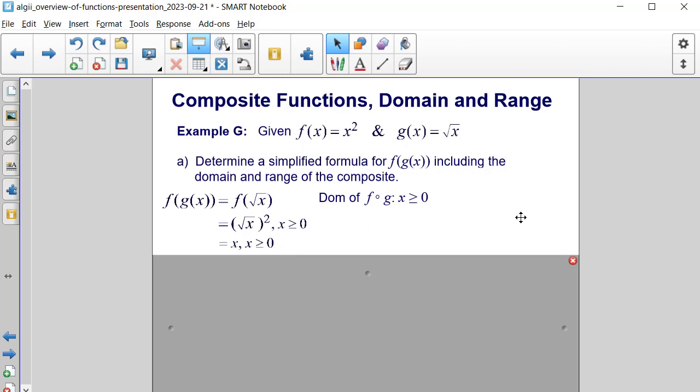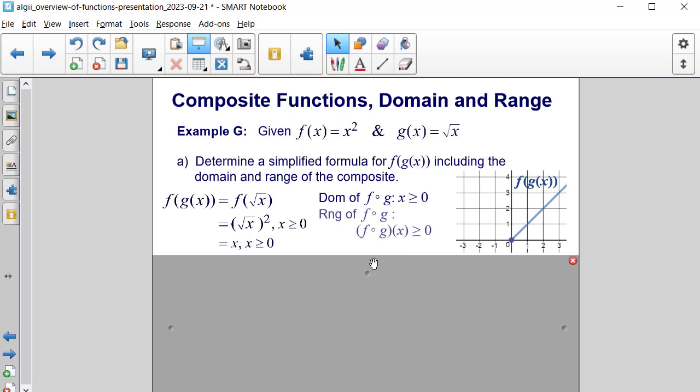So that's going to look like a straight line, starting at the origin and continuing with a +1 slope. Now the range, because the domain has to start at 0, the range also is going to be starting at 0. So the range of f of g of x are all values greater than or equal to 0.